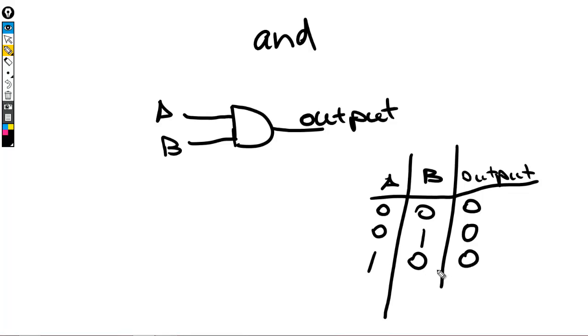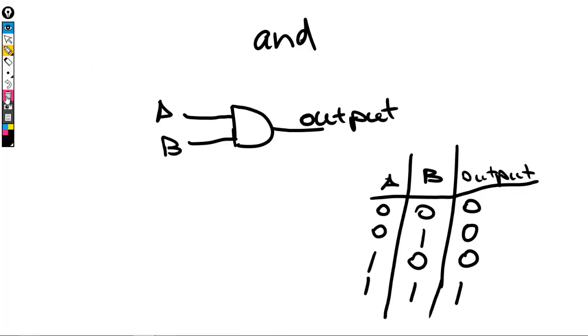But here's the fun part: when both are on, the output is on. So for an AND gate, when both are on, the output is on. In any other case, the output will be off, as you can see here. So there's only one case where an AND gate is on.